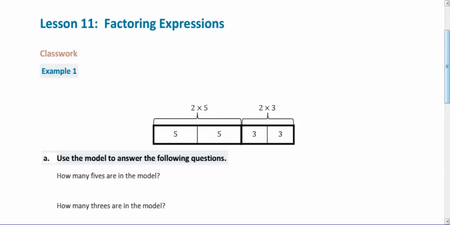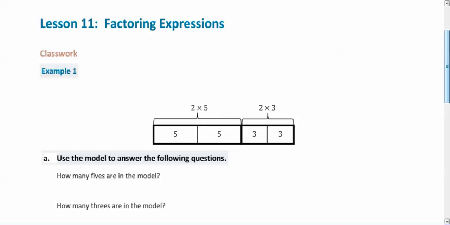Can someone help him out? A number can be broken into its factors, right? How do we break a number into its factors? By division, right? So a factor is a number that can be multiplied by another number to get a product, right? So you can take a number and divide it by its factors.